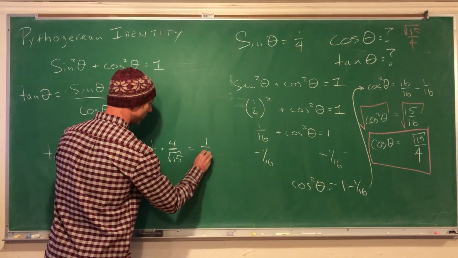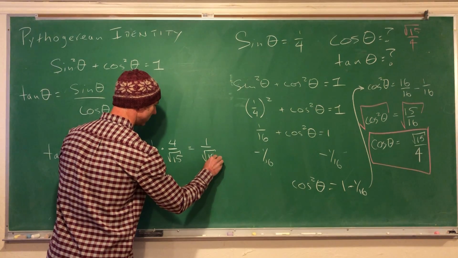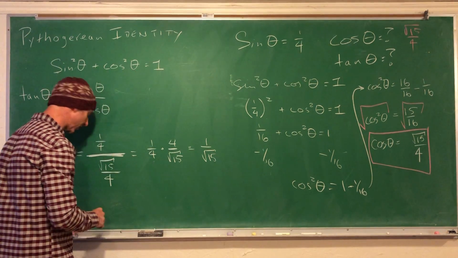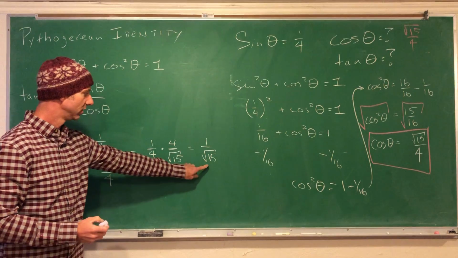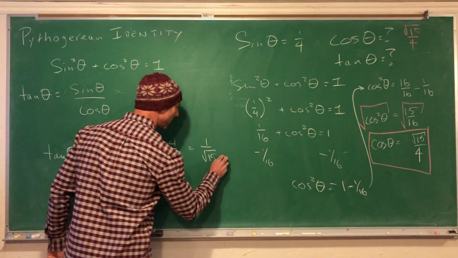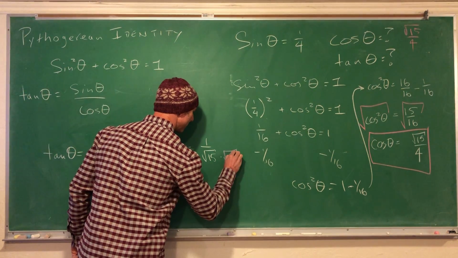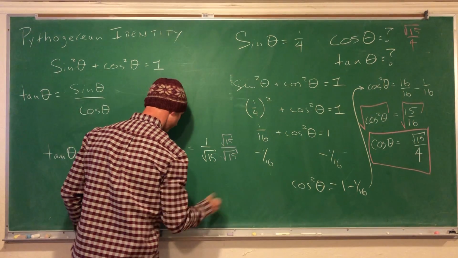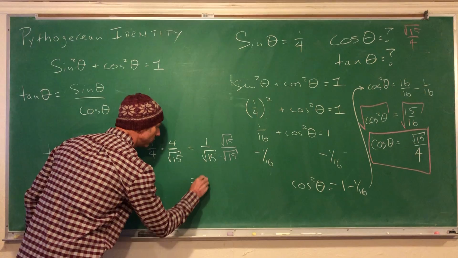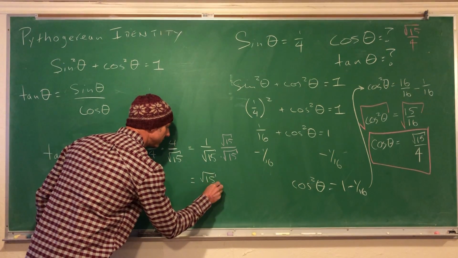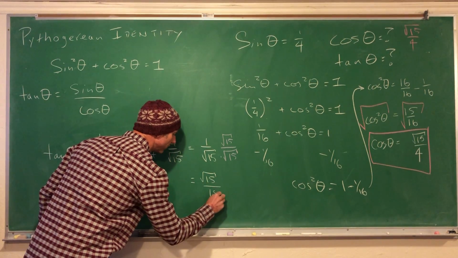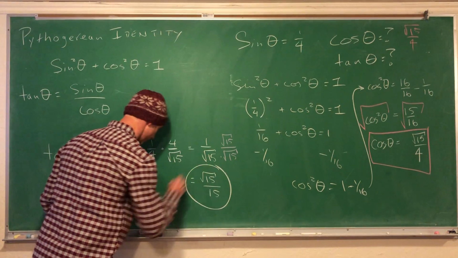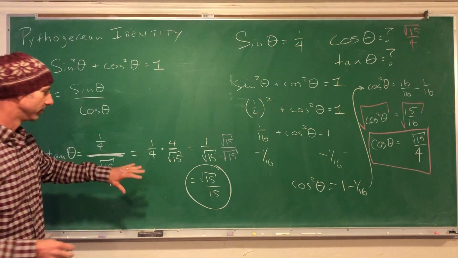So it's 1 over the square root of 15. We have to rationalize that. We can't leave an irrational number in the denominator. And that's going to be root 15 over 15. That right there is the tangent of that angle.